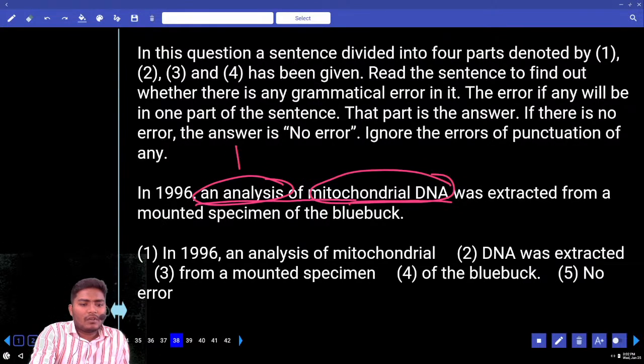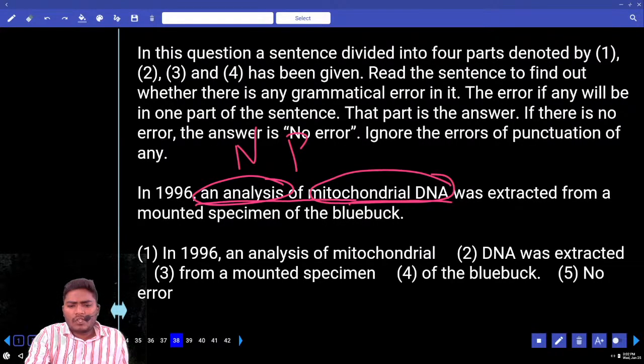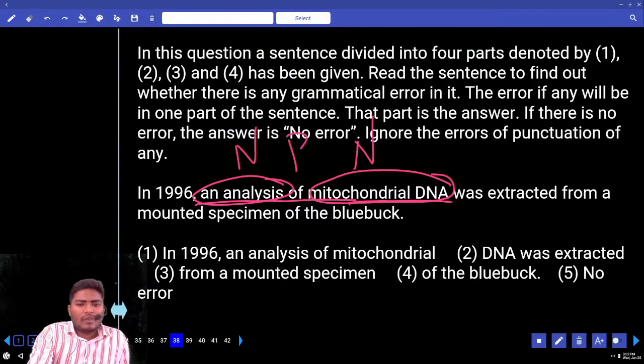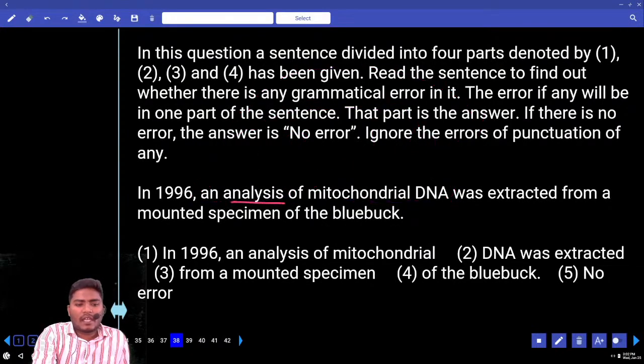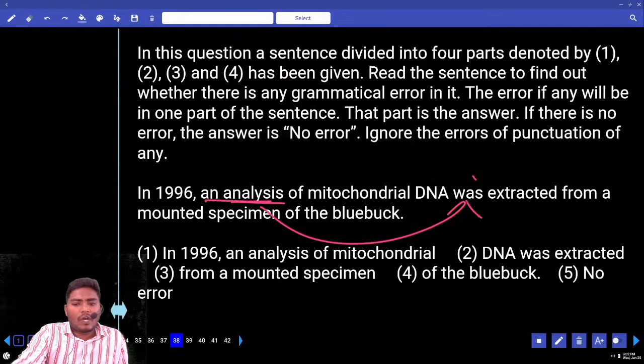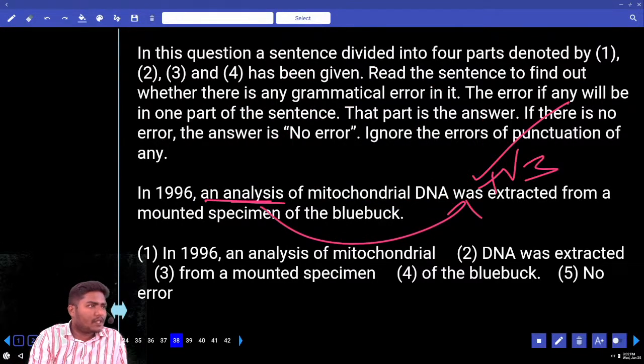Analysis is noun, of is preposition, and again mitochondrial DNA, that is also noun, right? So when we come across this type of rule, NPN, our verb should agree with the first noun or second? First noun. Analysis is singular, an analysis. Singular was is okay, and was is again followed by V3. Was plus V3 is also fine.